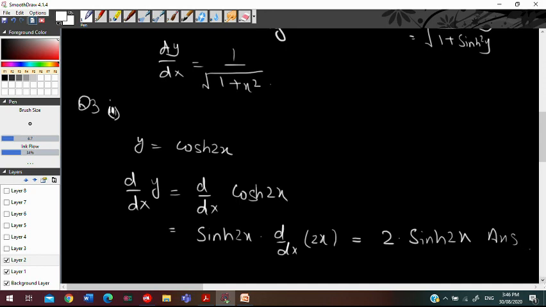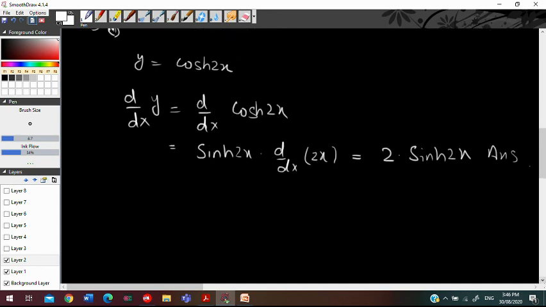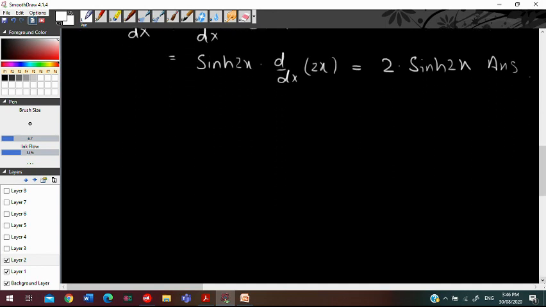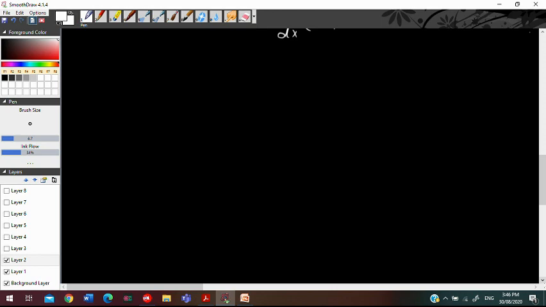Now move to the second part of your question. The second part is y is equal to sinh 3x. You can solve it by yourself. It's a very simple part.